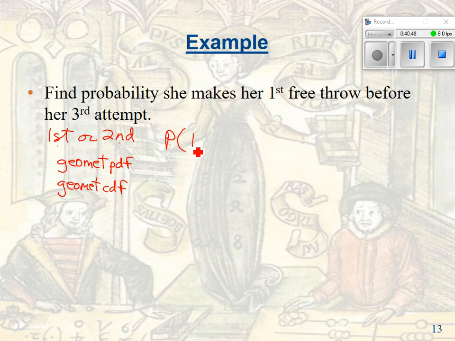So we're just going 1 or 2. That's going to be the CDF. We can just put 2 in there and go down with the CDF. Or we could do PDF with 1, PDF with 2. Now when you plug it in, I got to remember what you have to put in.